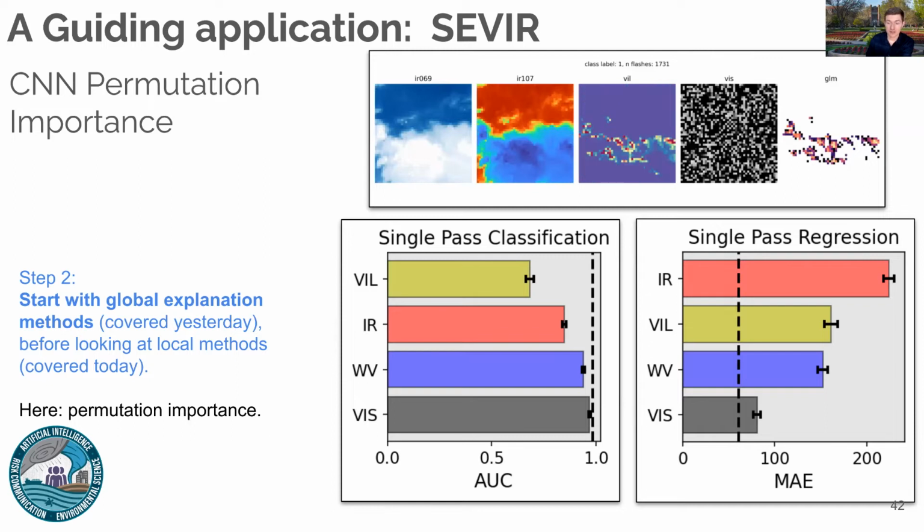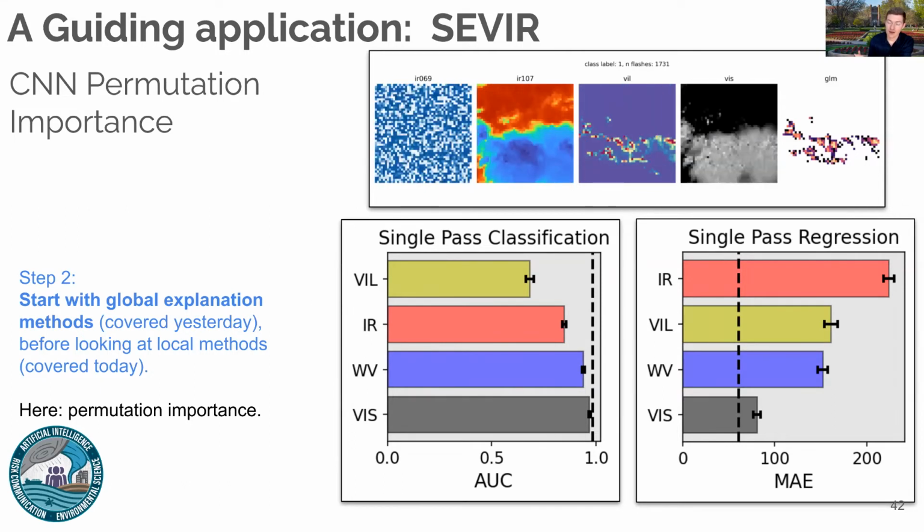One of my hypotheses when I found this out is that the regression task is actually trying to predict how many flashes are in the entire image, while the classification task just needs to predict if there is one or more flashes. So for the classification task, it could be a little bit easier if I have 1 pixel of a VIL value above a certain threshold.